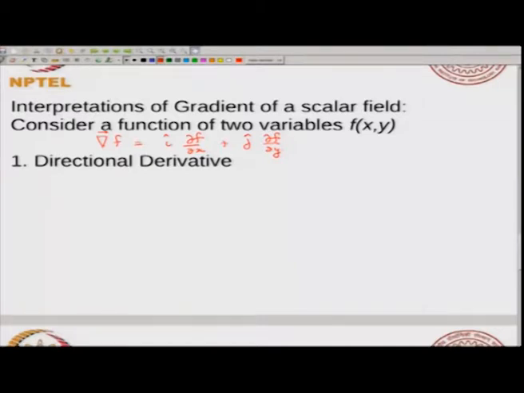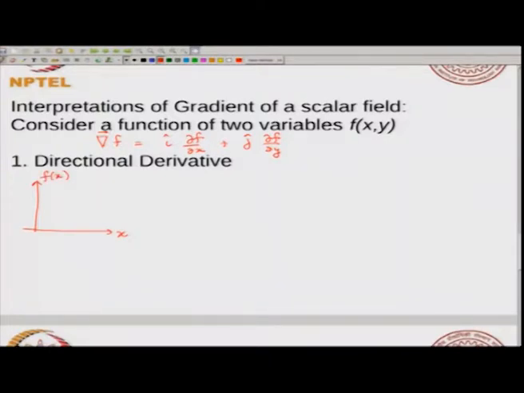Now there are three different ways you can interpret it. One of them is what is called a directional derivative. Just to motivate this, suppose you have a function of one variable, f of x.